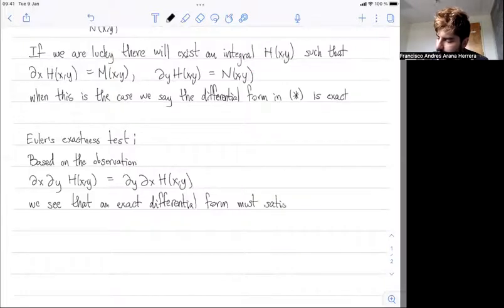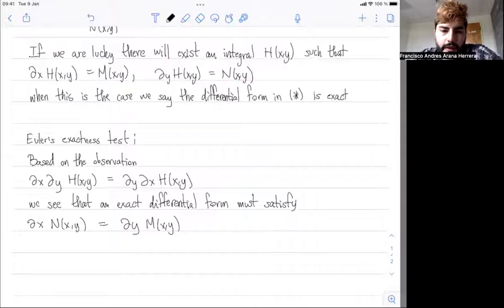It must satisfy that the partial x of, well, what's dy here? dy here is N(x,y). The partial x of N(x,y) should be equal to the partial y of M(x,y). And that should be a necessary condition for the differential form to be exact. But what Euler showed is that it is actually sufficient.